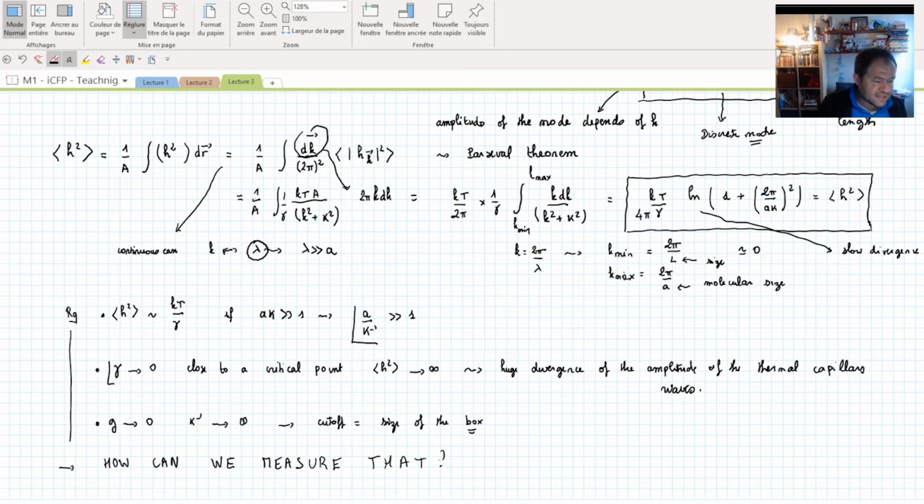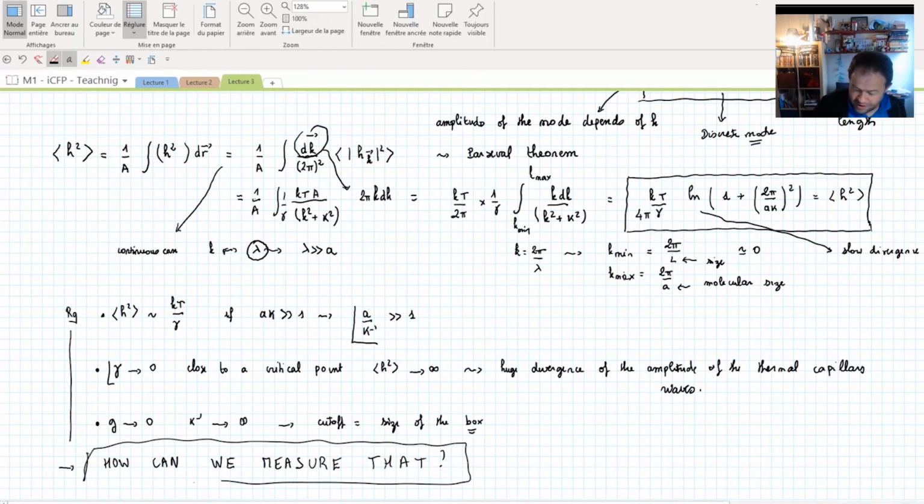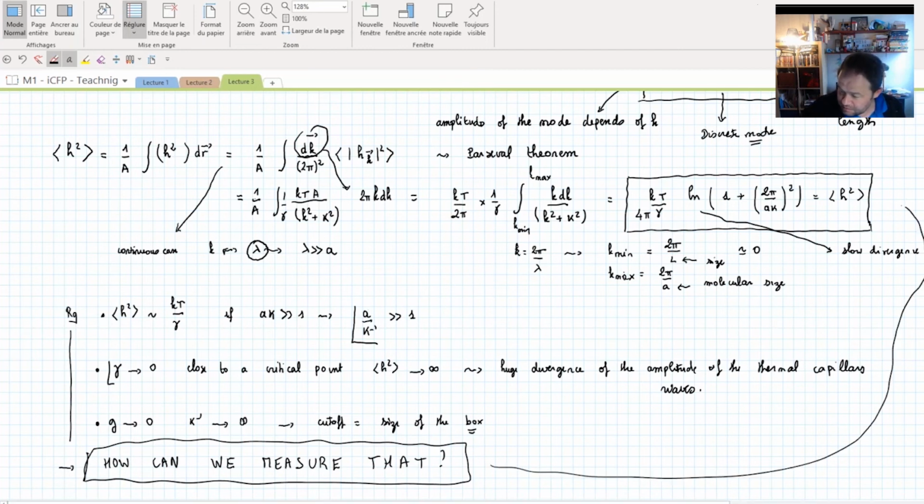Yeah, the question is how can we measure the thermal fluctuation of the interface with respect to the calculation we have made here. And I'm always willing to try to find a way of measuring things I've calculated. Julien proposed strioscopy.